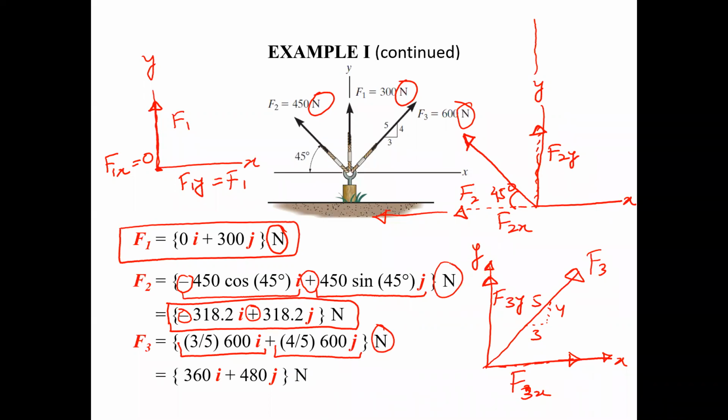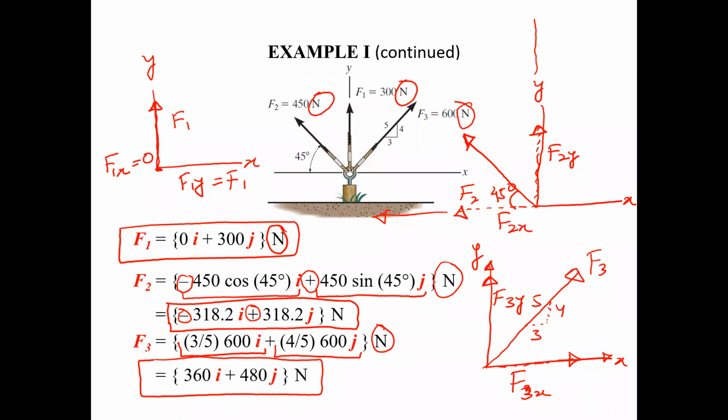Otherwise, you'll lose points. Okay, and if you do this math, you'll get this equation for F3. So 360I is the X component and 480J is the Y component of F3. Okay, and overall 360I plus 480J newtons is the vector F3.